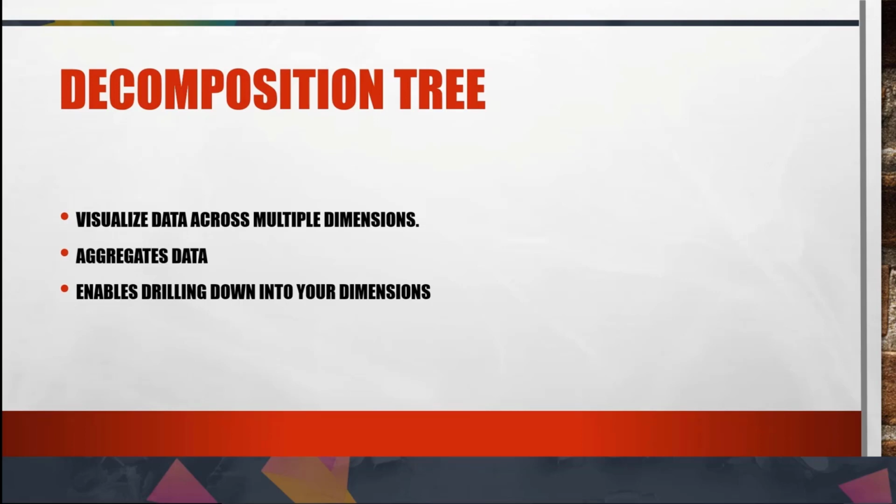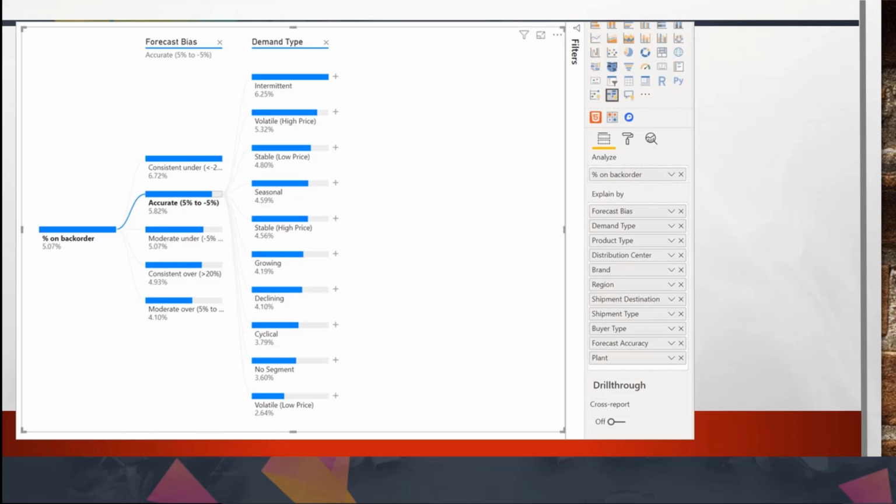And I have just shown how it looks here. I didn't do any demo here. So this is the data visual, which is the decomposition tree. Here what we are trying to analyze is percentage on back order. What is the forecast bias? Accuracy is 5%.